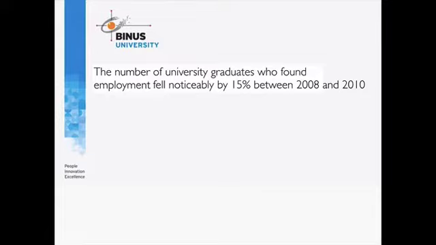Now, of course, remember that the time phrase can go at the beginning or at the end. So if you wanted to, you could move that. You could say between 2008 and 2010, the number of university graduates found employment. Now, let's look at the second type.